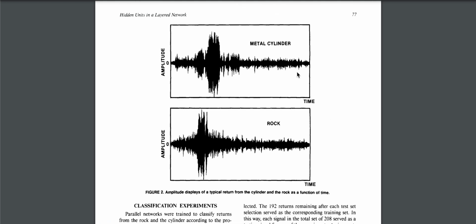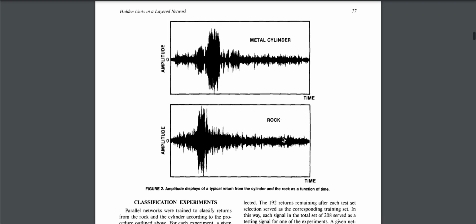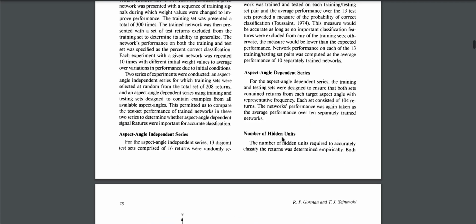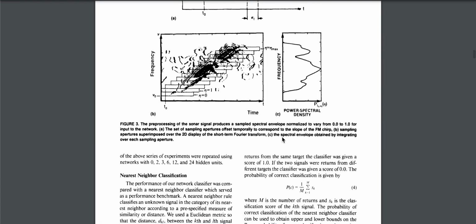Here's an example of how the amplitude of a typical return would look different for a metal cylinder versus rock, and many other details.